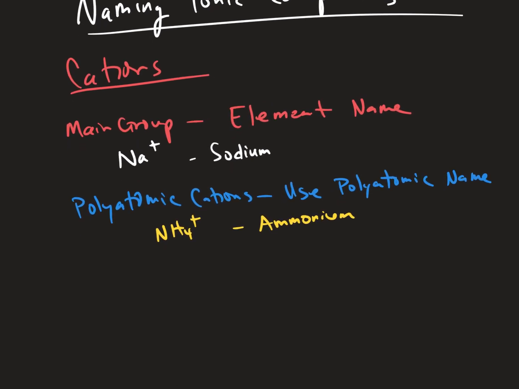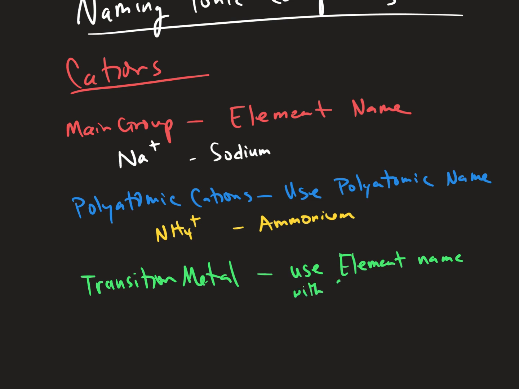And one other type of cation are transition metal cations. And to name these, we use the element name with the charge written as a Roman numeral in parentheses.